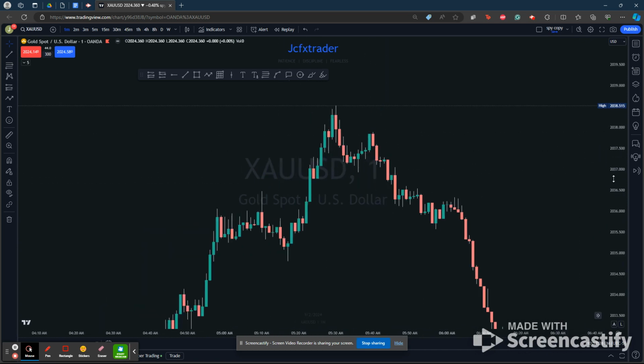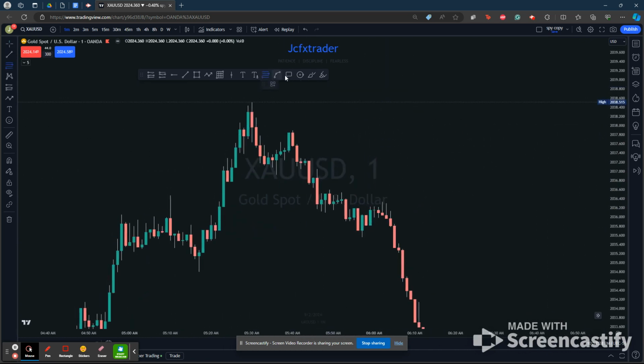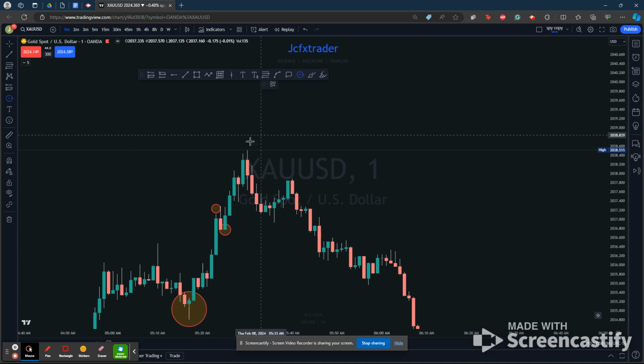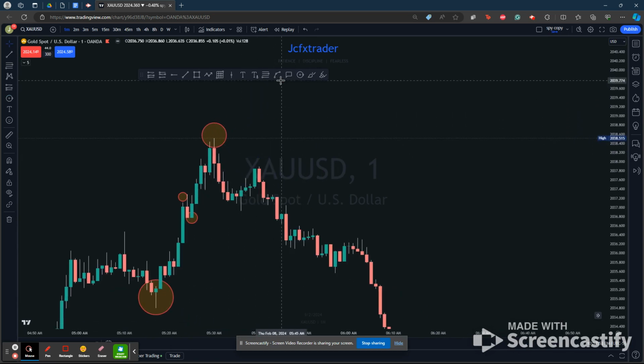Now, if we take a look at each of the swing highs and lows of this move, we would get one here, right? It would come down. We would get one here, right? This would be another high, came down a little lower, because this red candle signifies a down movement. So it's up, down, and then it creates another high here.